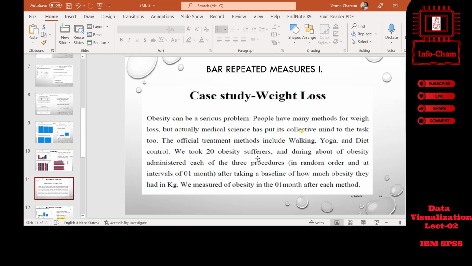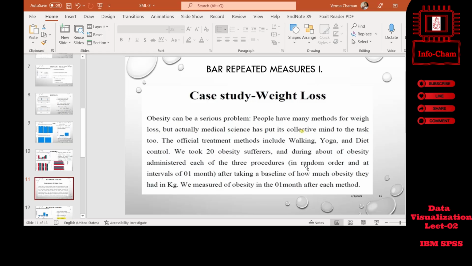I wanted to check which method or practice is good for the obesity patients. Walking, yoga, or diet might be good. Obviously all three can be good, but which is the most suitable?